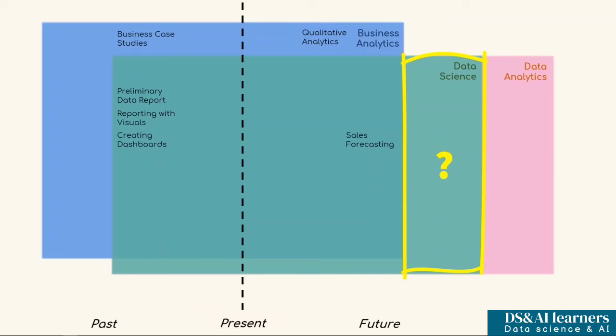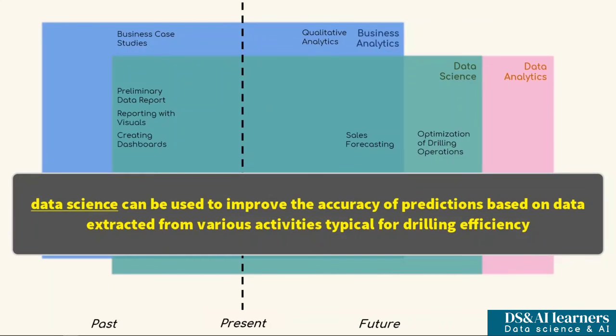Well, think of the oil and gas industry and the optimization of drilling operations. This is a perfect fit for this sub-area. Data science can be used to improve the accuracy of predictions based on data extracted from various activities typical for drilling efficiency. And that certainly isn't business analytics.